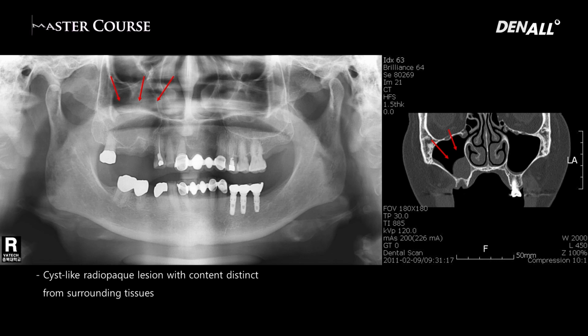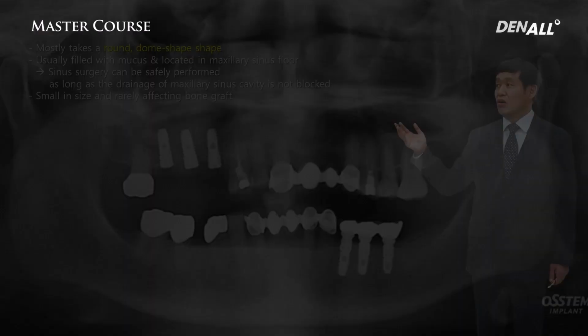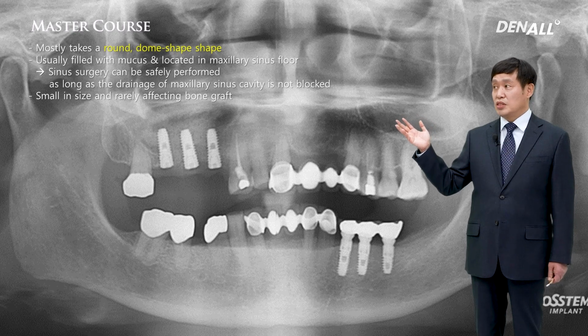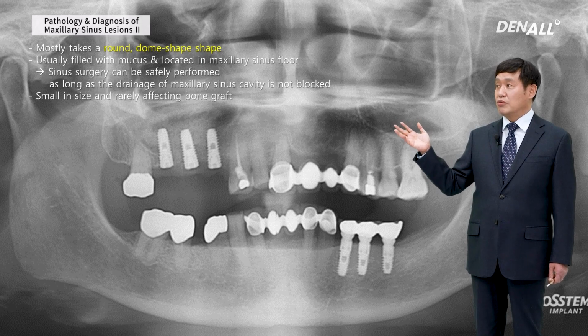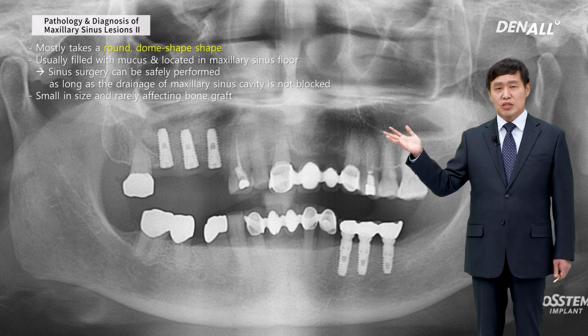In the panoramic radiograph, in the upper right posterior area, dome-shaped lesion can be observed on CT. On the sinus floor, it is quite clear. There's a dome-shaped cyst. This is mucus retention cyst. Mucus retention cyst mostly takes a round dome shape, and it is usually filled with mucus. It is located in maxillary sinus floor.